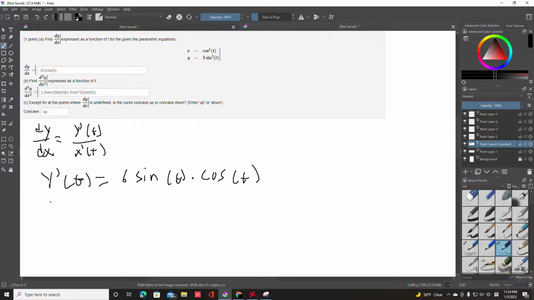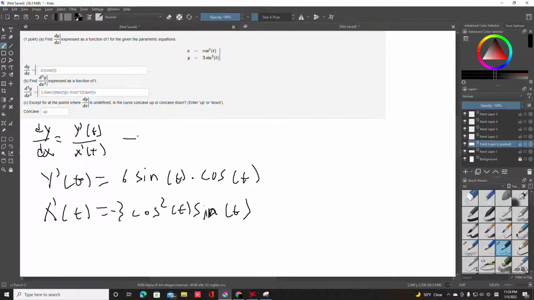Now we have to find the derivative of x, and we would get 3 cosine squared of t times the derivative of the inside, which becomes negative sine of t. We put y over x, so we're putting this whole thing under this.